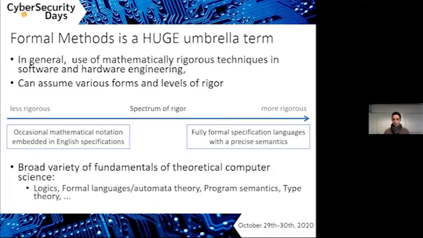And especially because we want to be able to reason about properties of these complex systems. And as I said, the level of rigor of these techniques, methodologies and tools can vary a lot, and we can organize them across a spectrum, going from less rigorous techniques where we use some occasional mathematical notation inside English specification and documentation.